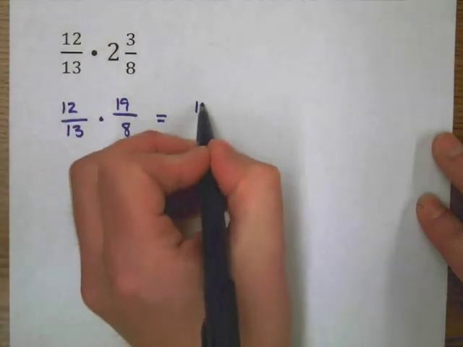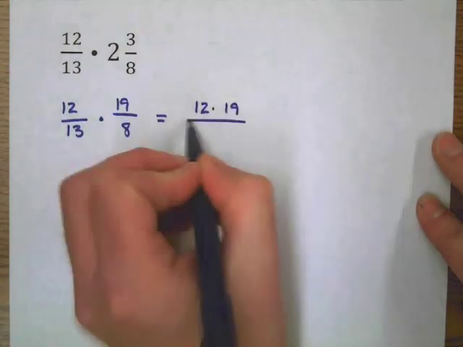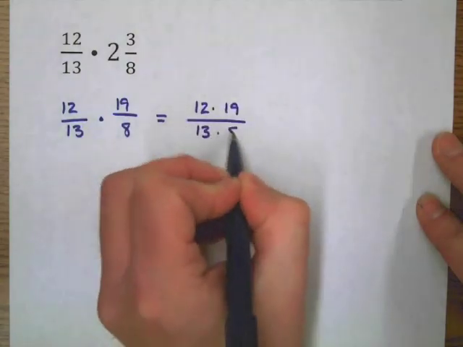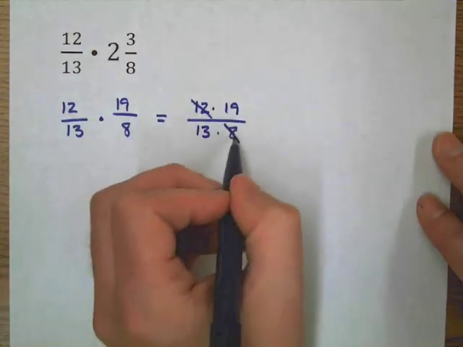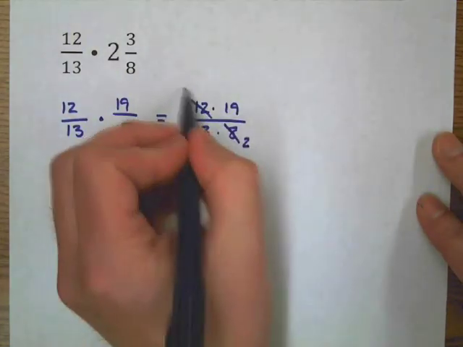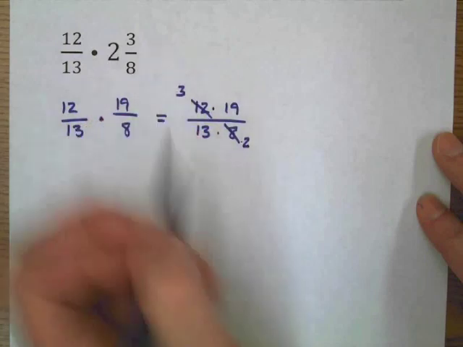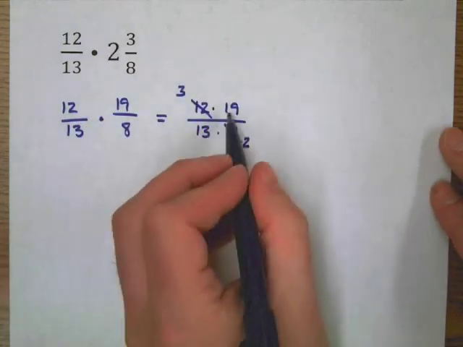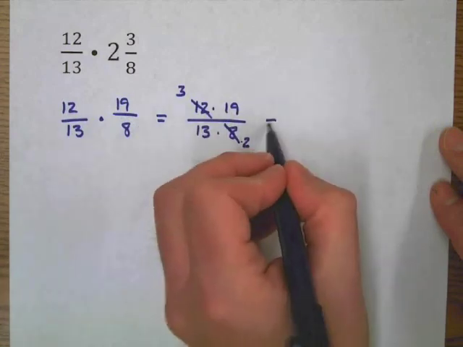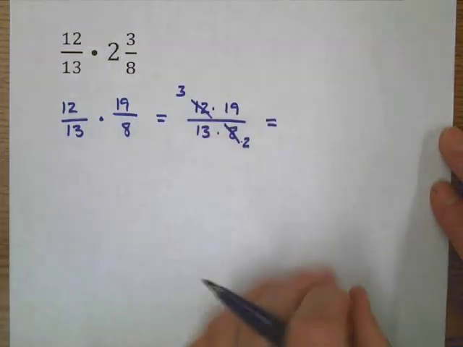So I have 12 times 19. I have 13 times 8, and I notice a common factor there is 4. So I'm left with 2 down here and 3 up here. 19 and 13, those are prime numbers, so they don't have any other factors other than 1 and the number themselves.